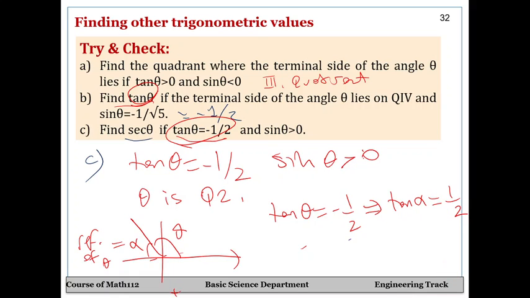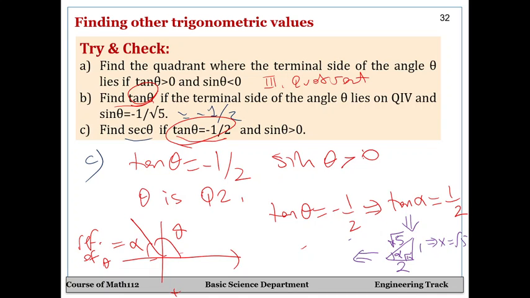Then the next thing you have to do is set up the triangle with alpha. Alpha is the acute angle here, so it's 1 over 2. So x will be square root 5 for sure. You can use the Pythagorean theorem.